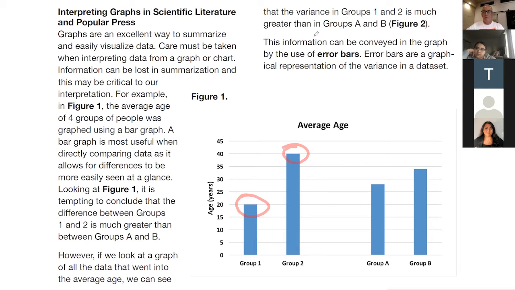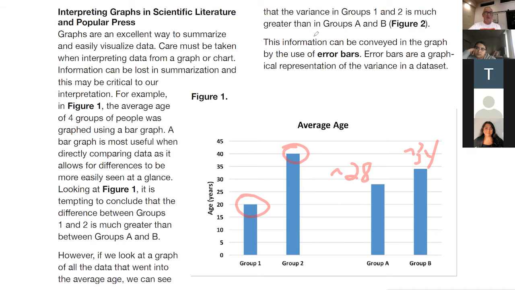And then when you look at group A, the average of group A is around 28, maybe. And the difference in group B looks to be around 34, which is pretty close. So yeah, I think anybody would look at that data, the way that it's presented, and say, yeah, clearly there's a difference between group 1 and group 2.